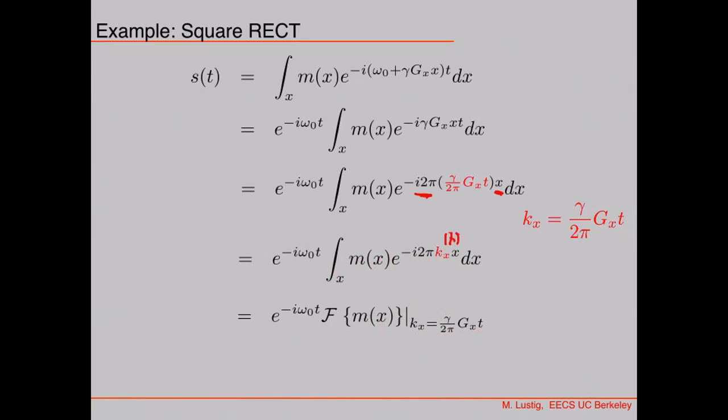So for different times, I will have different spatial frequencies. kx changes linearly with time. So my signal is the Fourier transform of m of x evaluated at spatial frequency gamma over 2 pi gx times t.